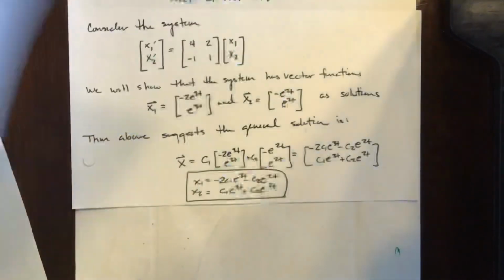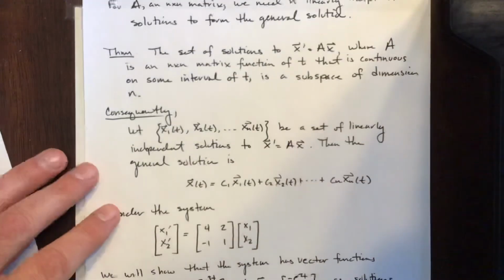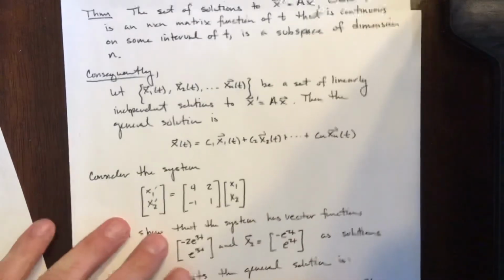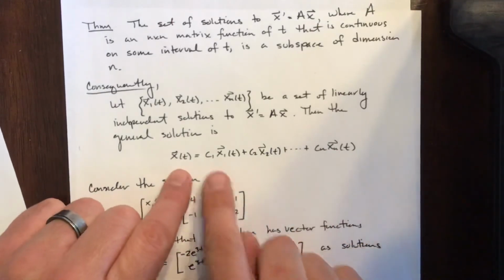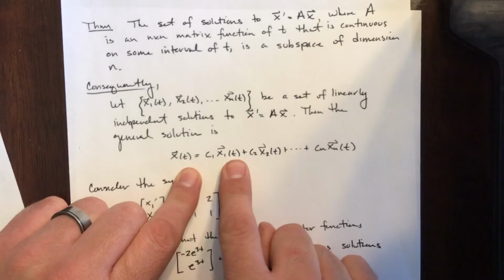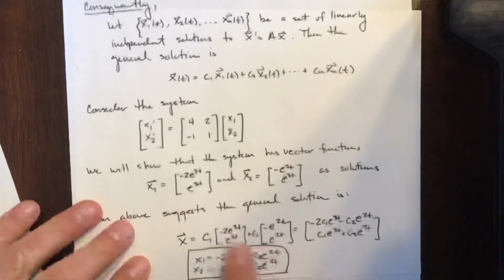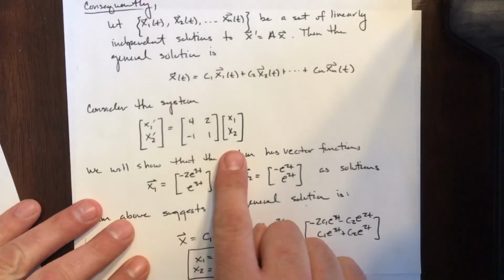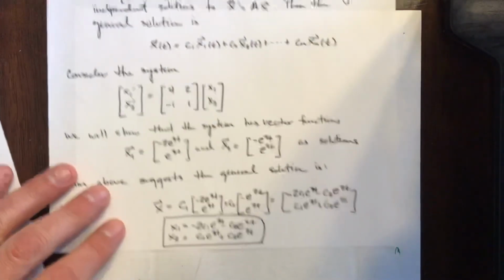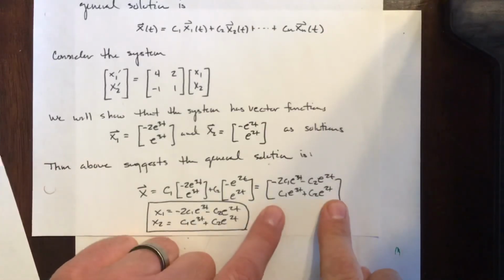Okay, and then I've just stated that knowing that the general solution to the system of differential equations is going to take this form. I told you what vector 1 is. I told you what vector 2 is to that same vector differential equation. And the theorem says that this is going to be the solution. So now we know how to output what the solution is.